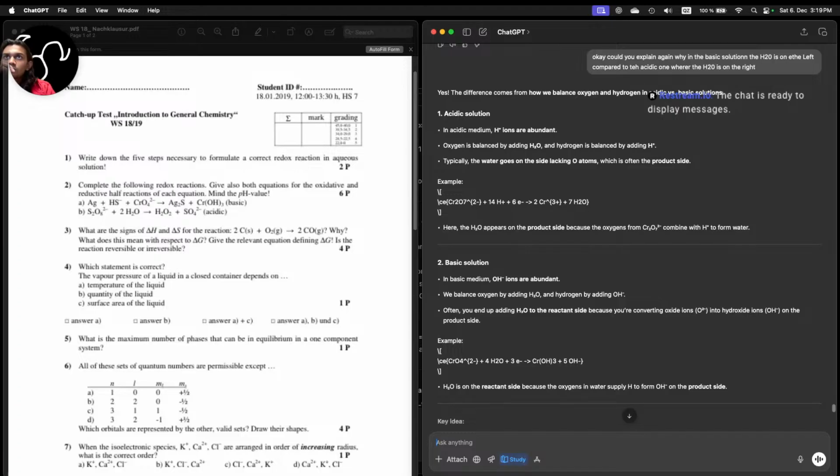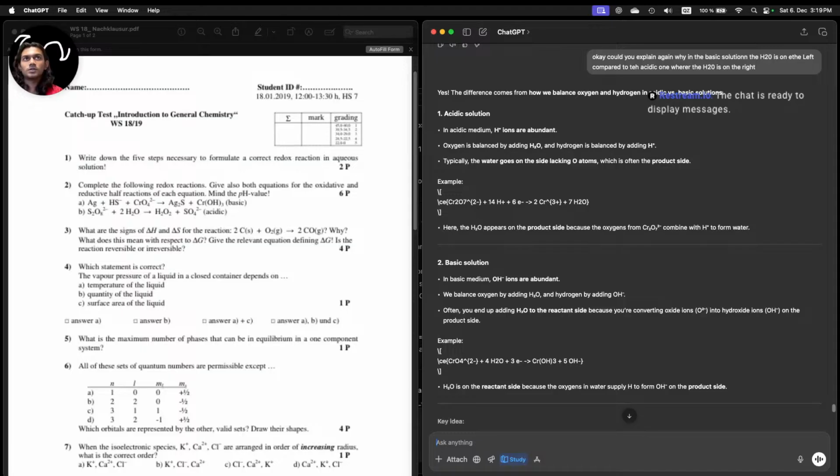Oxygen is balanced by adding H2O, and hydrogen is balanced by adding H plus. Typically, the water goes on the side lacking oxygen atoms, which is often the product side.